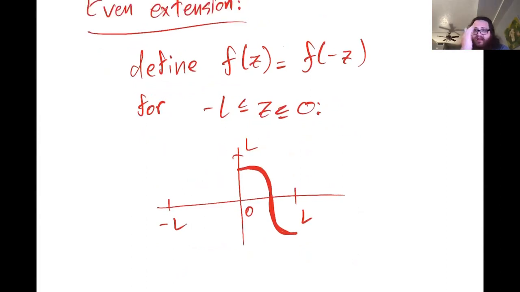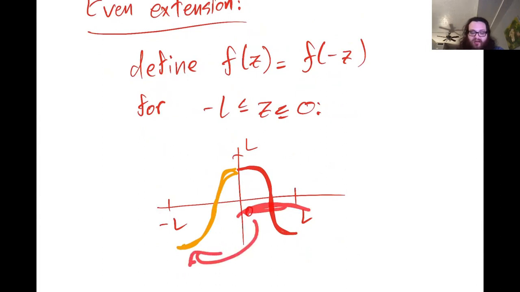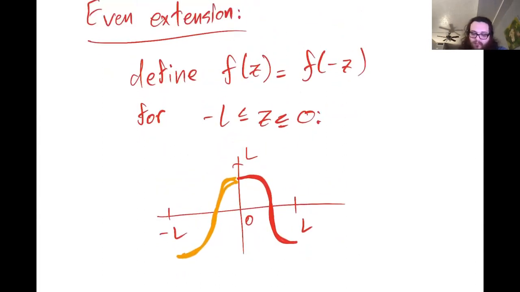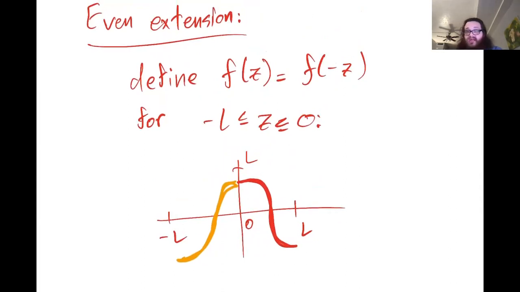Well, we want f of negative x to be f of x. So we're just going to reflect the sketch of this function across there. So that's the even extension of cosine defined over here to the entire interval negative L to L. Which, right, cosine is even, so cosine is its own even extension.